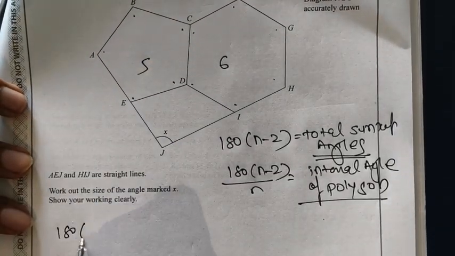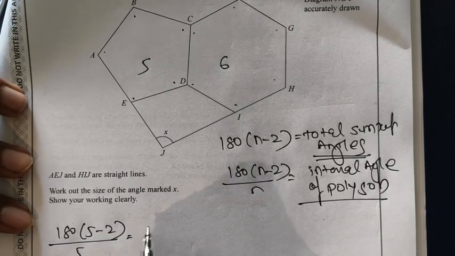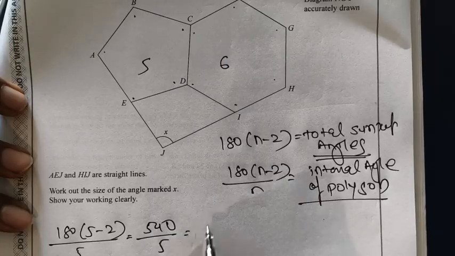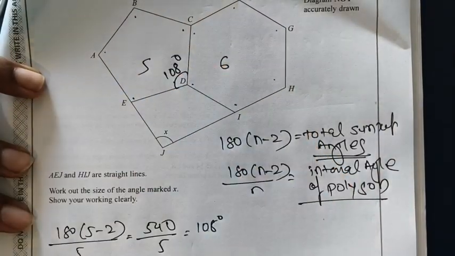So what is the internal angle for this pentagon? The internal angle for the pentagon is 180 into 5 minus 2 upon 5, which makes it 540 upon 5, which makes it 108 degrees, right?